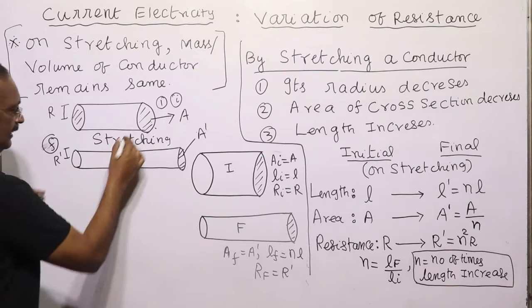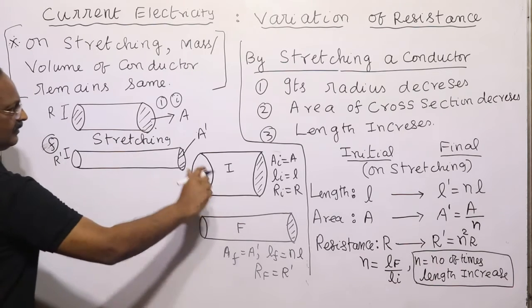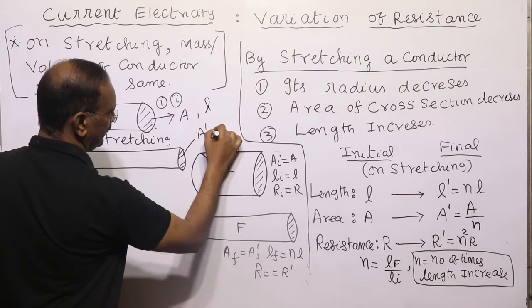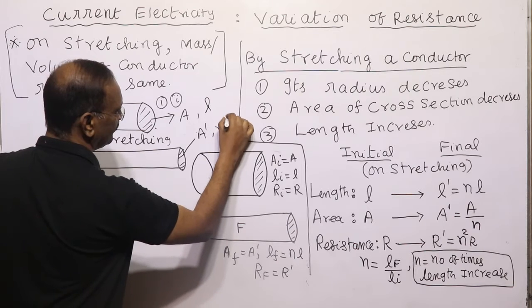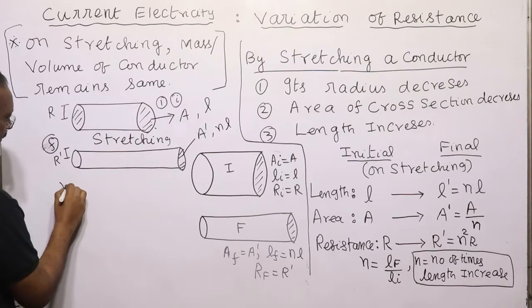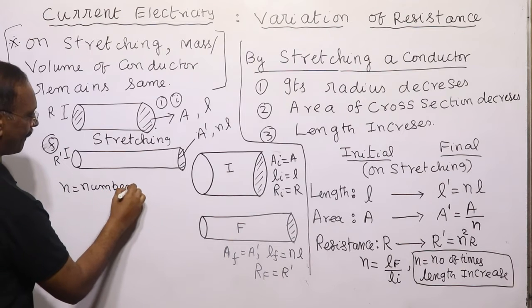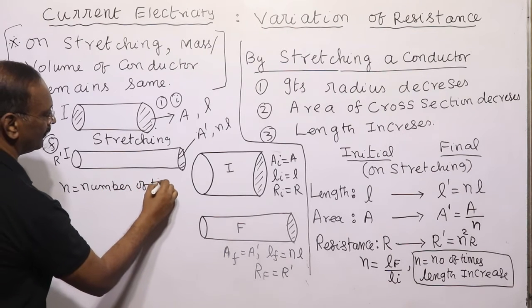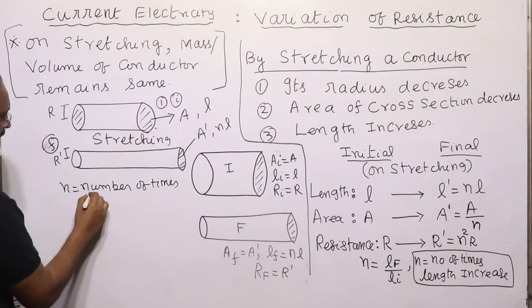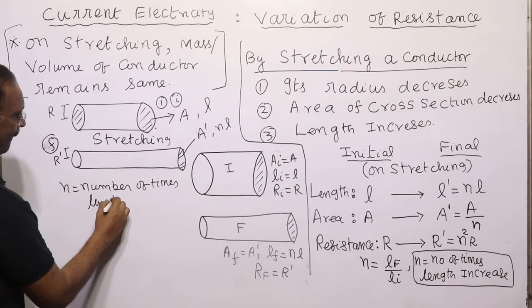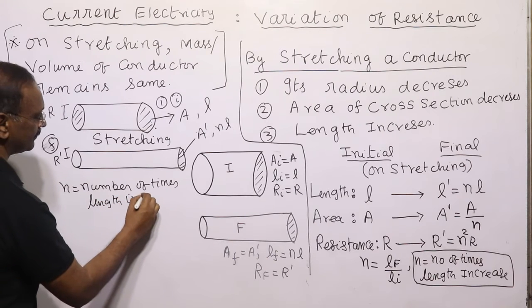Its length increases because we are pulling. The length is L, and here the length is N times L, where N is the number of times the length increased.